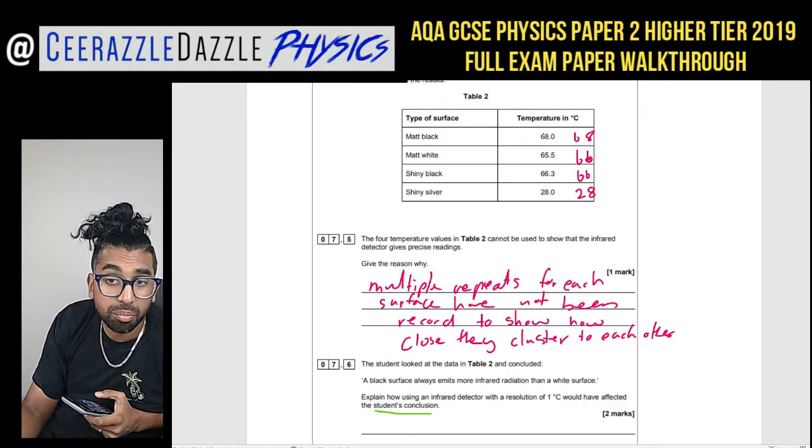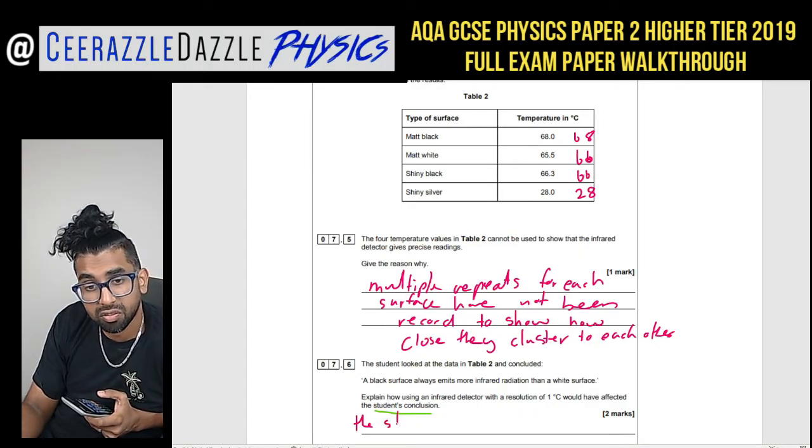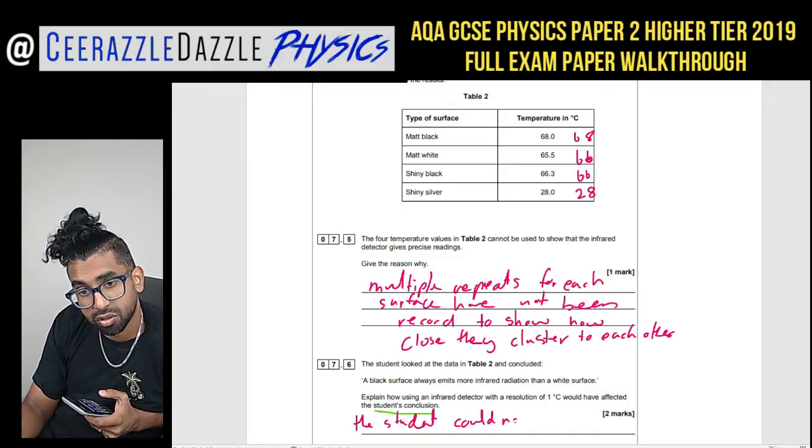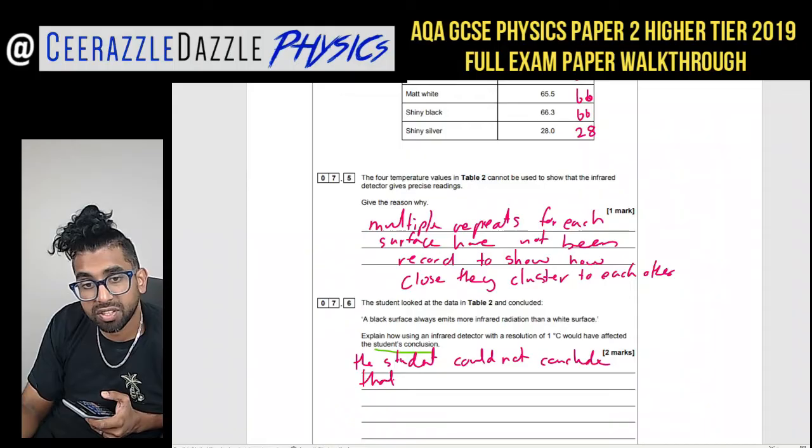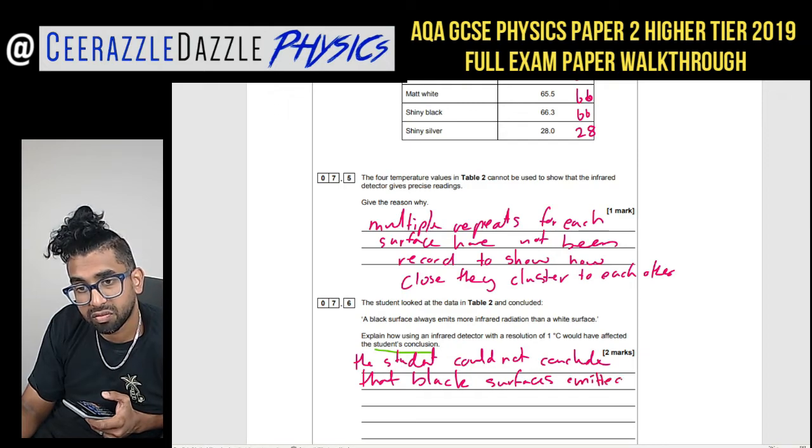So yes, on the previous set of data, the black surface always emitted more. But now, if you use a resolution of 1 degree Celsius, it would mean that the student could not conclude that black surfaces emitted more radiation.